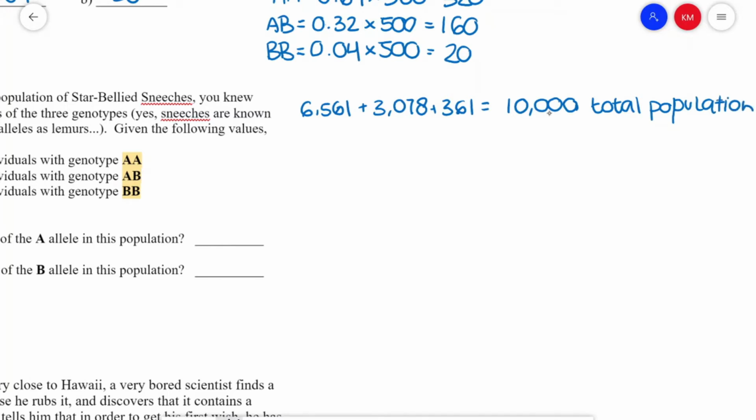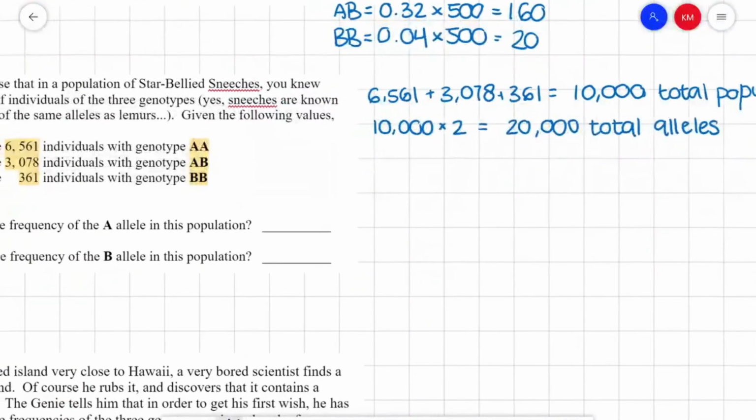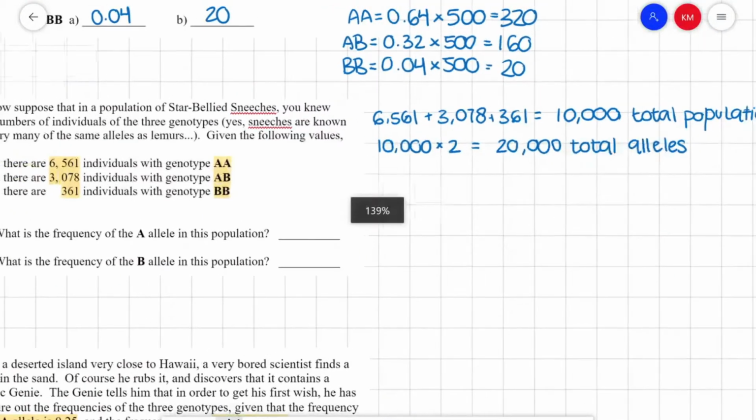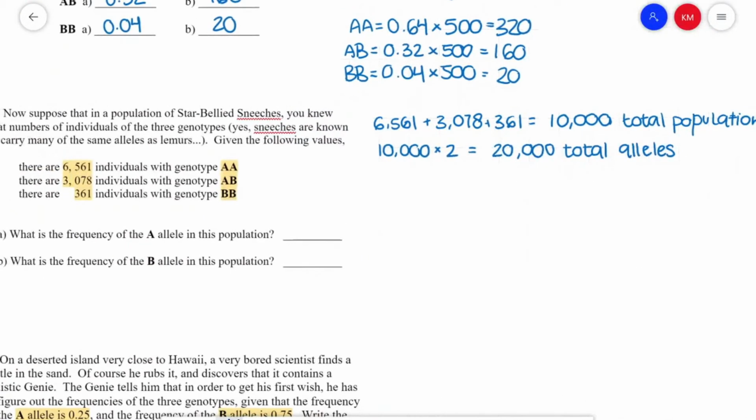So each of these 10,000 sneeches is going to have 2 alleles, which means that if we do 10,000 times 2, we have a total of 20,000 alleles. So 20,000 total alleles in the whole population. Alright, so that number is going to be important when we're dealing with frequencies of alleles. So we'll just set that number aside for now.